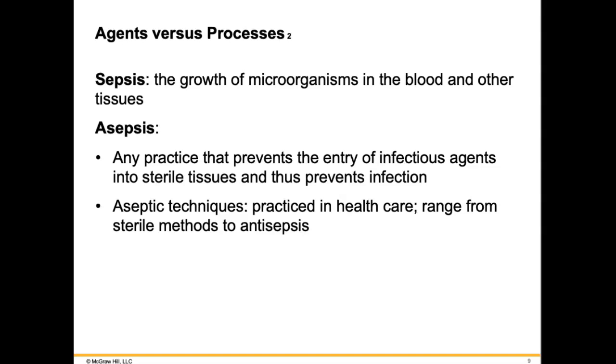All of those are ways to prevent the entry of infectious agents. Any of those can be considered asepsis processes or practices. Aseptic techniques are practiced in healthcare and range from certain sterile methods to antisepsis.